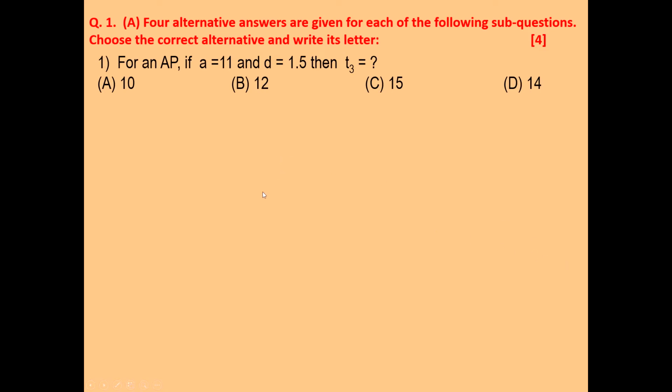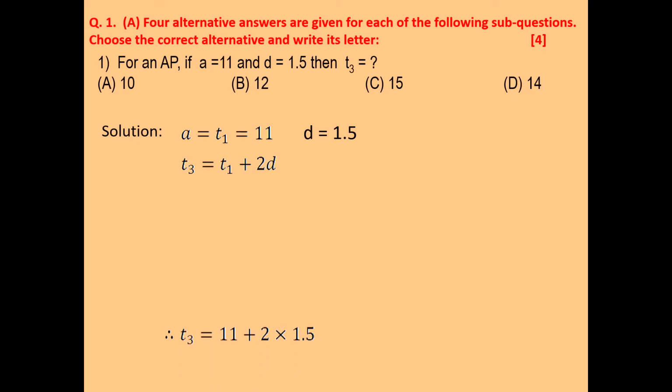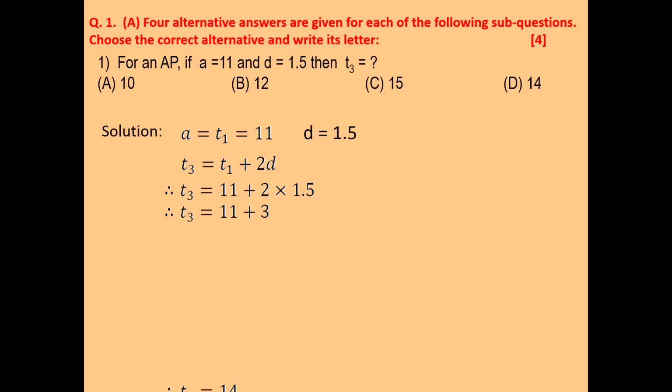Now you can solve this or you can directly get it, that is all your choice. But what is necessary is that you see the solution is there, you can apply one of these methods. a is 11 and d is 1.5, so you can get t3 as t1 plus 2d. You will get the answer t3 equals 14.